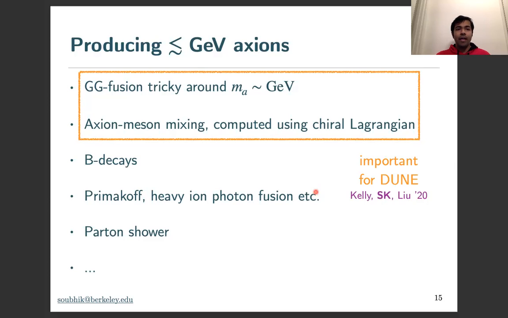Before getting into that, I just wanted to briefly mention that there can be quite a few production mechanisms for GeV scale axions. For example, it can be produced through direct gluon fusion, although it can be a bit tricky to compute that because of large scale uncertainties. But you can also have production from Standard Model pseudoscalar meson and axion mixing.